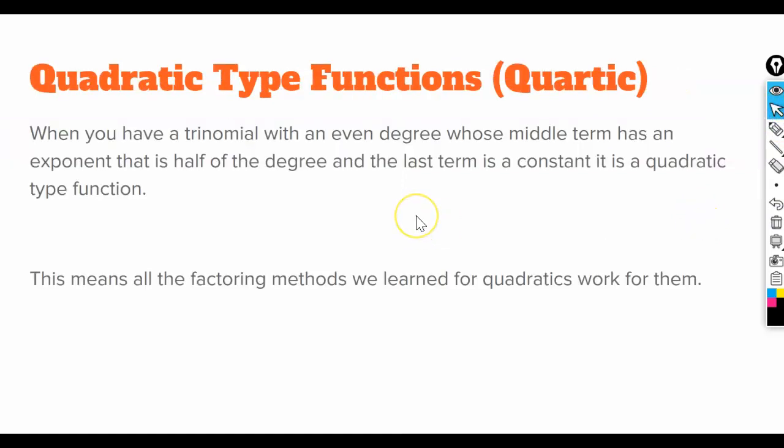Now, we also talked about the quadratic type functions. And so remember, those are the ones we said that had to be trinomials. They had to have an even degree. So squared, fourth, sixth, eighth, one of the even degrees. And the middle term had to have an exponent that was half of the degree.